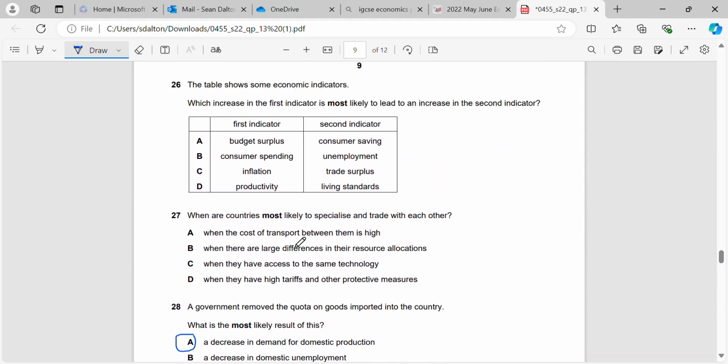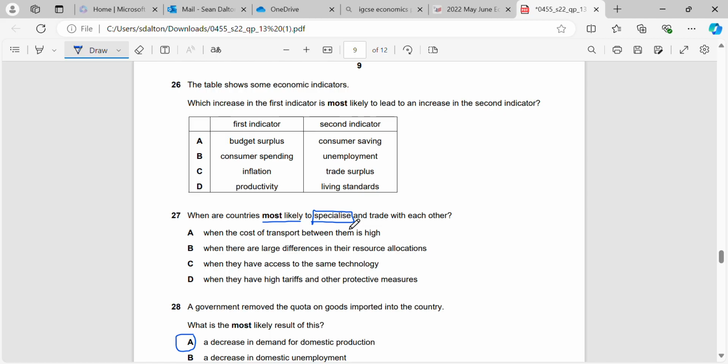Question 27. When are countries most likely to specialize and trade with each other? Remember, the idea behind specialization is that we can make a particular good or a particular service more efficiently than other countries can, right? The example I've used in previous papers is potatoes and rice.